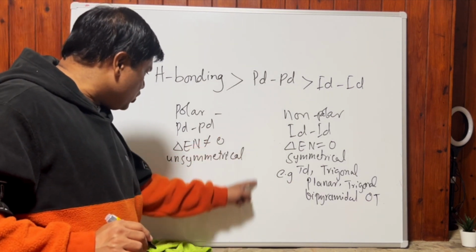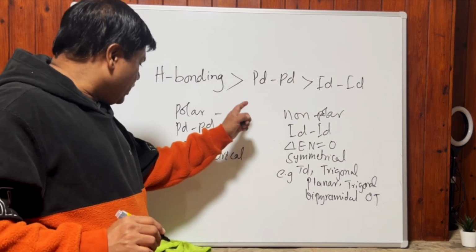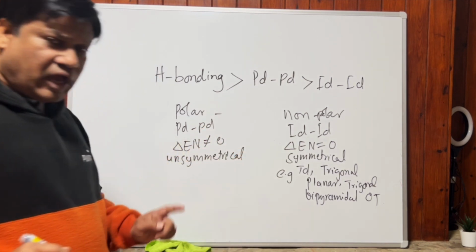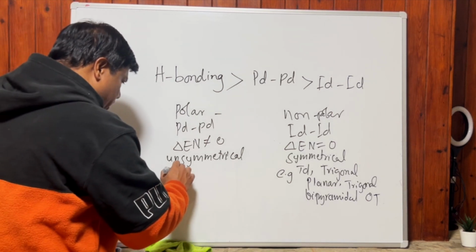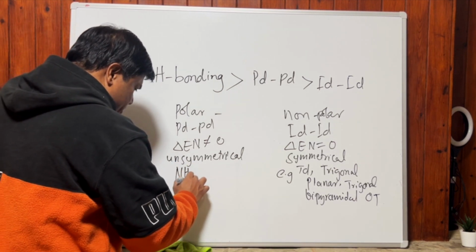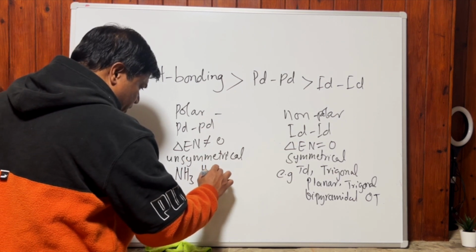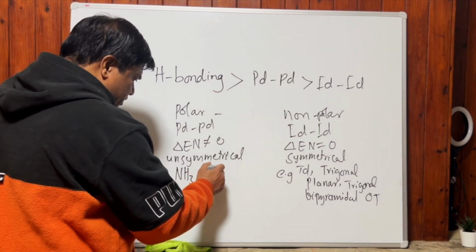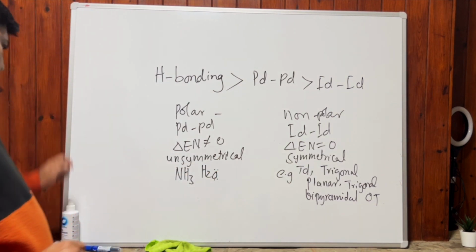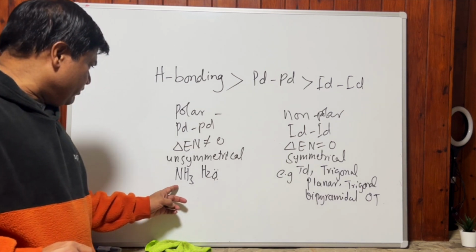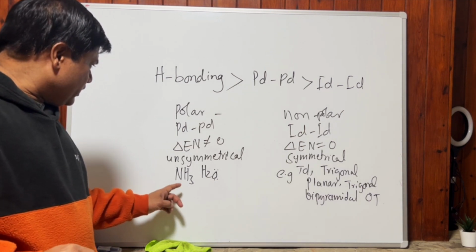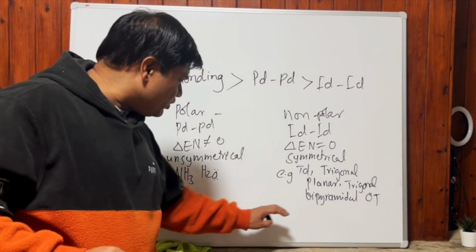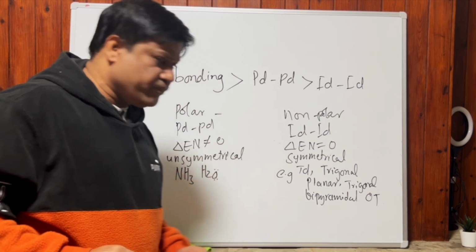Those molecules which are polar and unsymmetrical should contain a lone pair of electrons, like ammonia, polar 100%, and water, polar. And we have some compounds which have a lone pair but are symmetrical. The dipole moment cannot cancel off here, so there will be a resultant dipole. Here, the dipole moments cancel off.